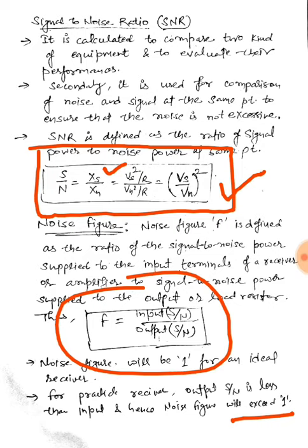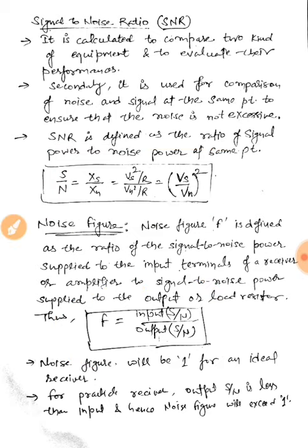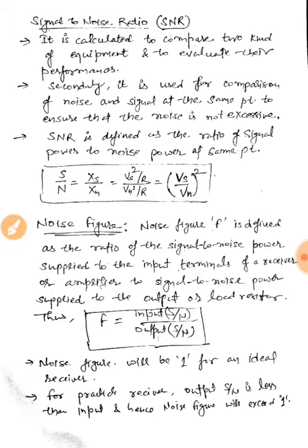Noise figure would always be greater than 1 because we always lose some signal power as we transmit from the transmitter to the receiver. So the noise figure would be greater than 1 in almost all practical systems.